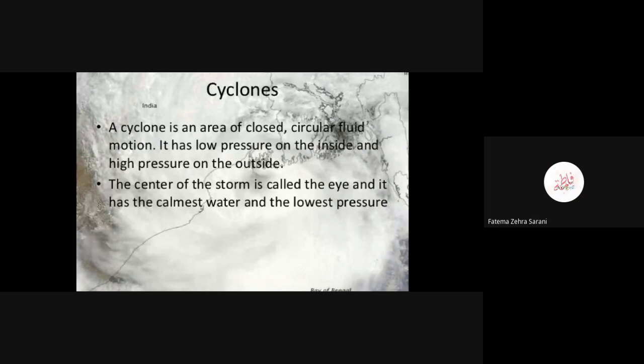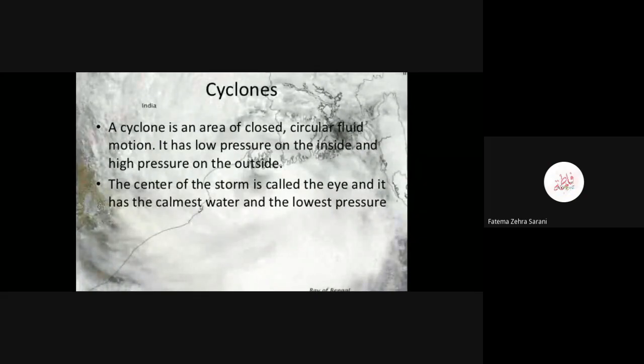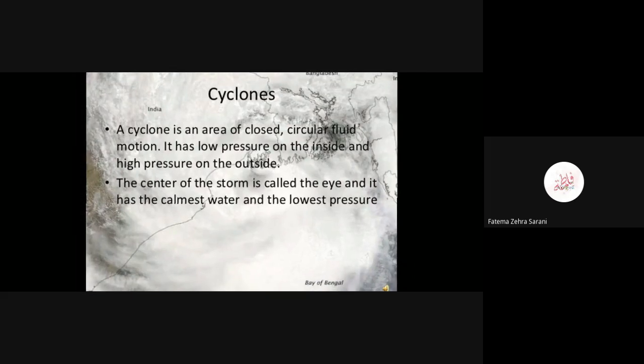Can I, ma'am? Yes, continue. Cyclones. A cyclone is an area of closed circular fluid motion. It has low pressure on the inside and high pressure on the outside. The center of the storm is called the eye and it has the calmest water and the lowest pressure.